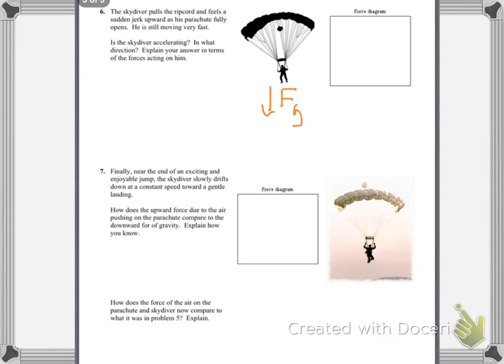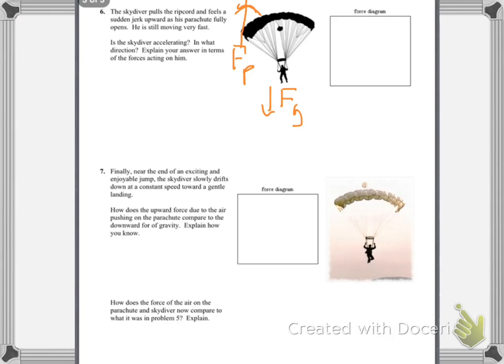That upward jerk we'll call F of P, the force of the parachute. It's still your wind resistance going through the parachute, and that sudden jerk upward causes the skydiver to begin to change his velocity. Now he's still moving downward, but his velocity has changed, he's traveling at a lower velocity, which means that the acceleration has actually pulled the skydiver upward.